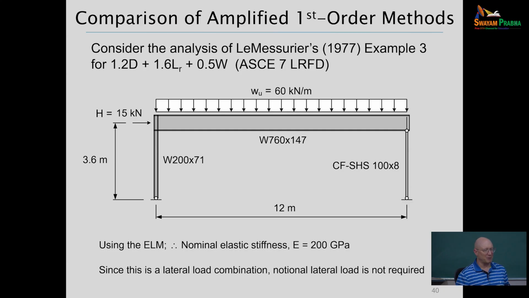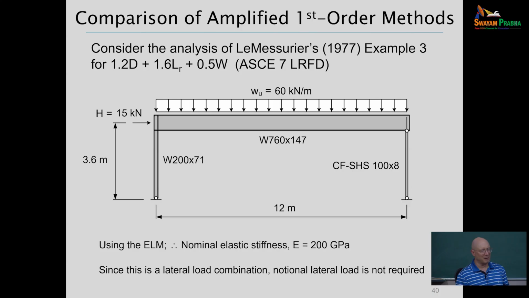You need to get a buckling load of the members to then get design strengths. So that's the effective length part, or buckling analysis based part. You're getting second order results in order to get your demands on the frame, but you're doing the analysis all with nominal stiffness. And for gravity only load cases, we would include notional lateral load.